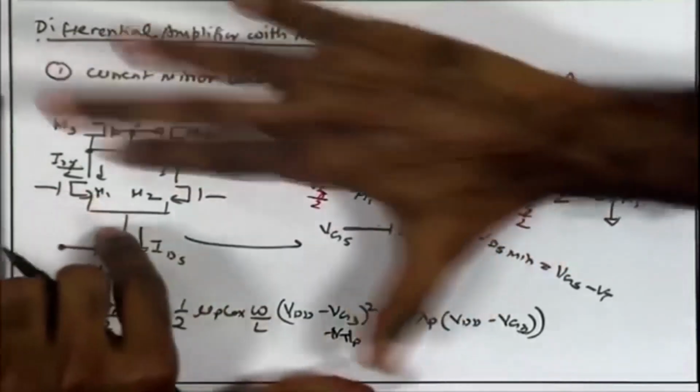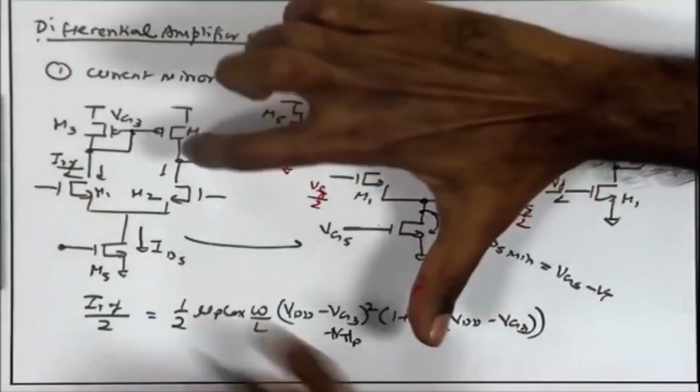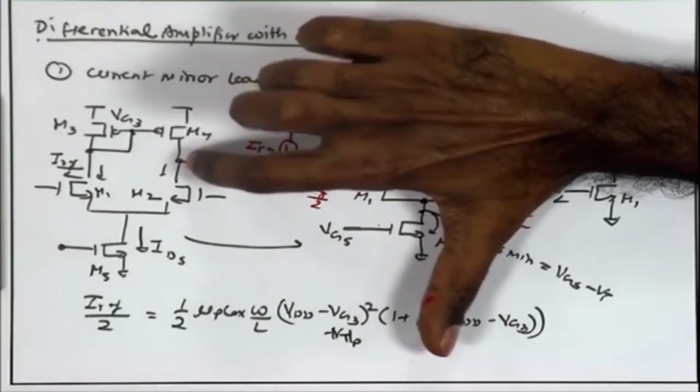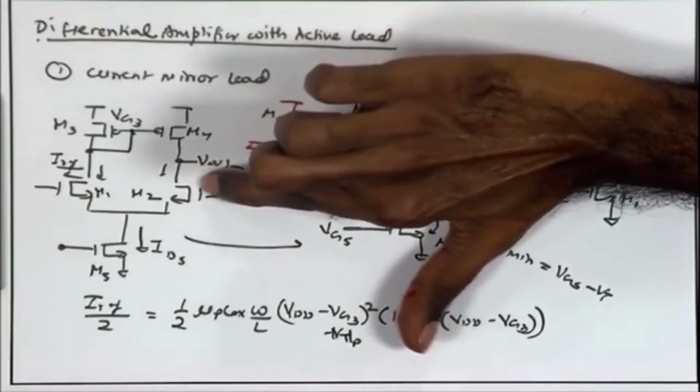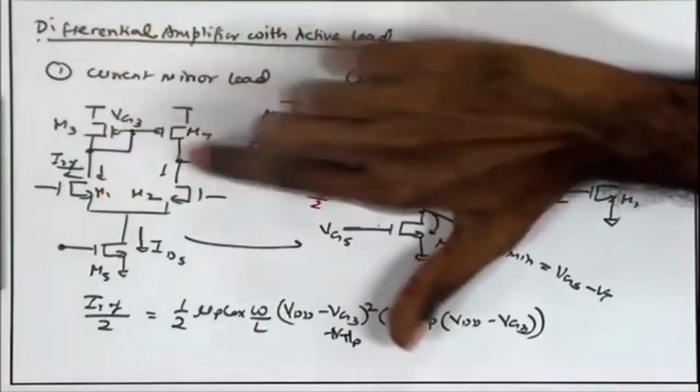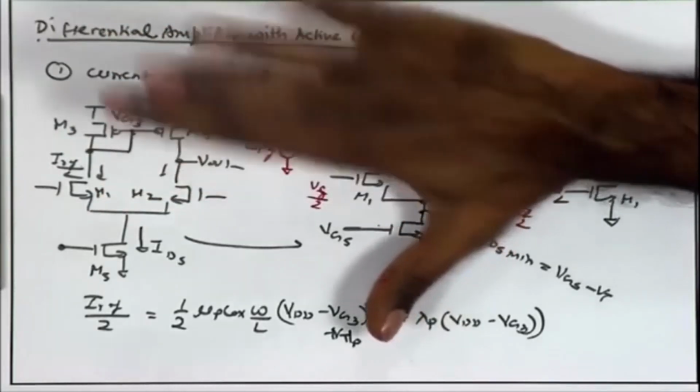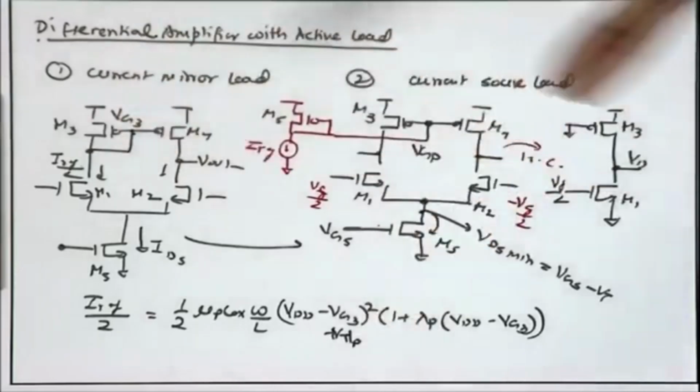So, this current mirror action is ensuring a relatively well defined DC voltage at the output in this circuit. So, we have a relatively well defined DC point over here, which is determined by VSG of M3.